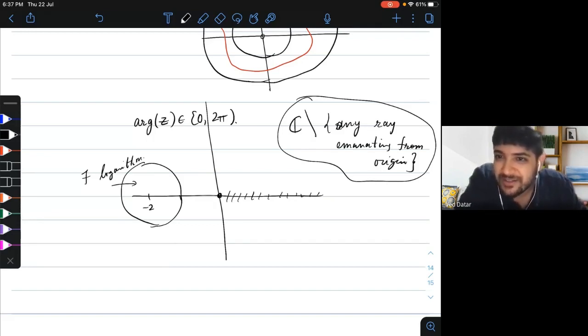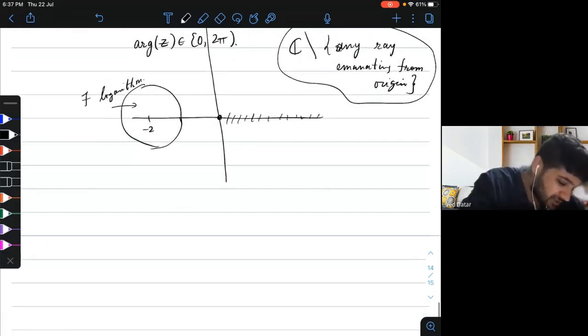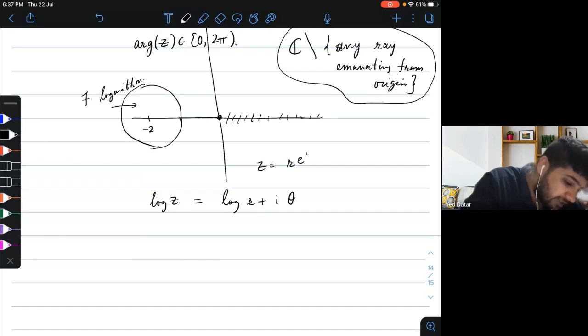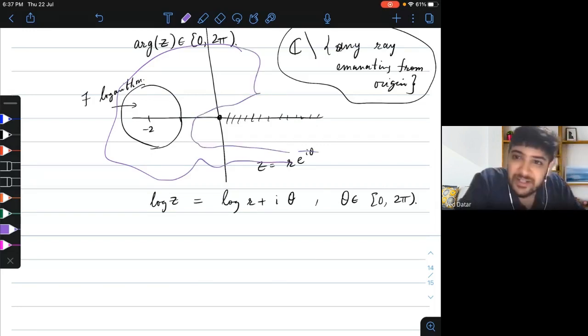Then just define log z to be equal to log r plus i theta, where z is equal to r e to the i theta, where now theta is forced to lie between 0 and 2 pi. That will give you a logarithm that's defined on all of this, including this small disk.